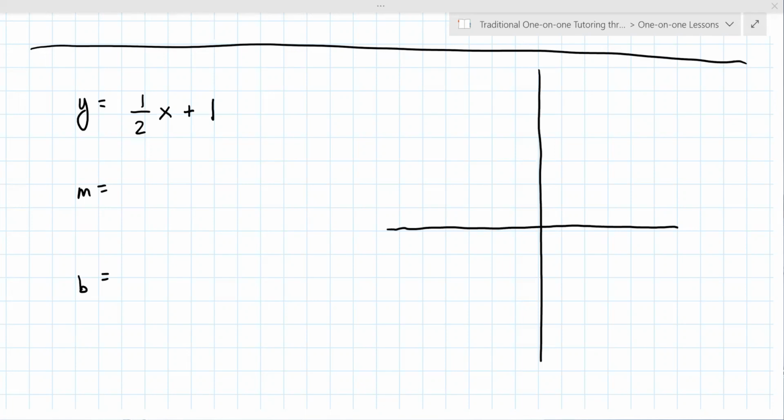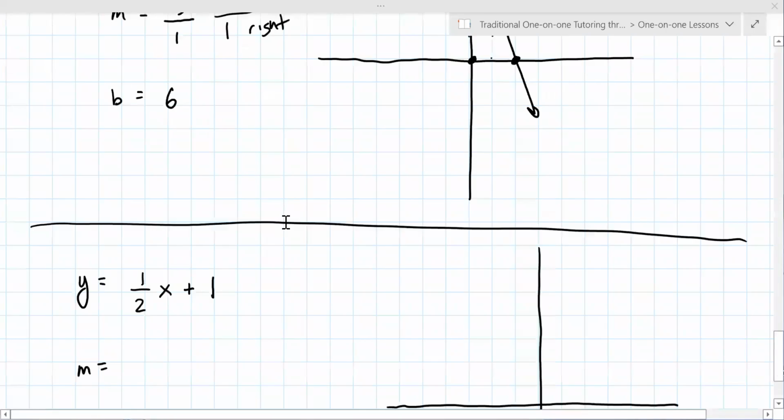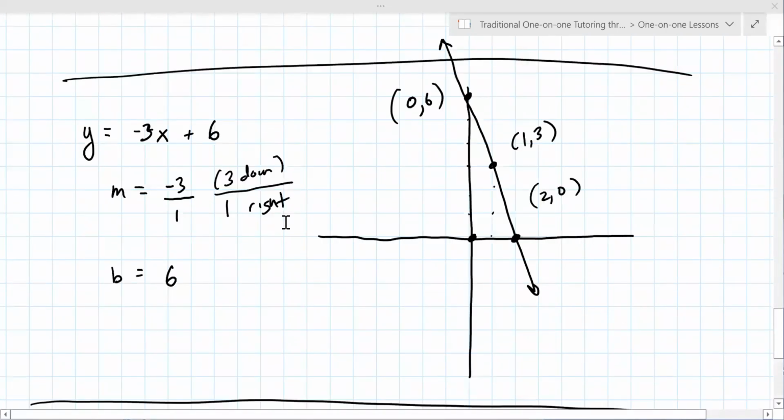Could you go back up for a minute? Sure. Which problem would you like me to go back up to? To the problem that we did before. I'm going to be starting my own problem.